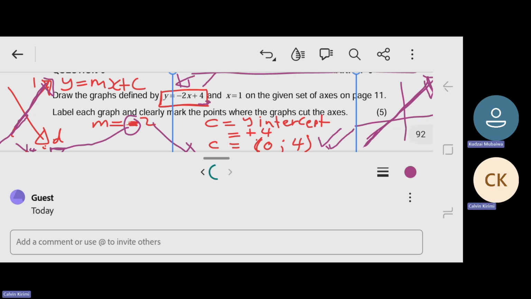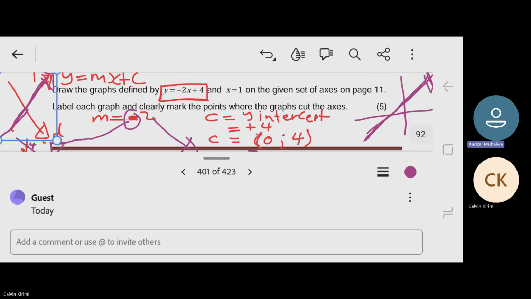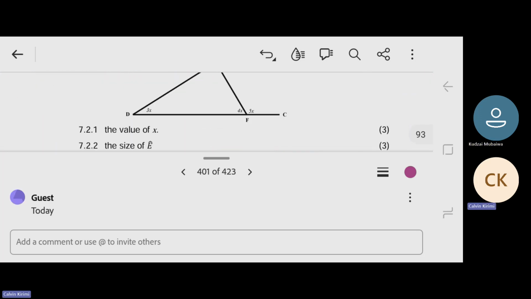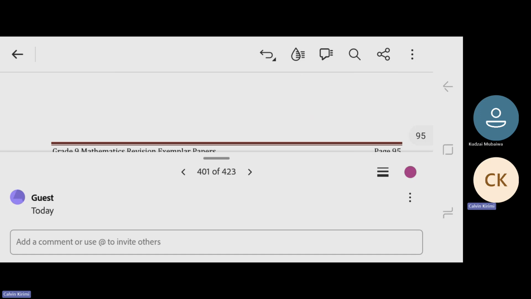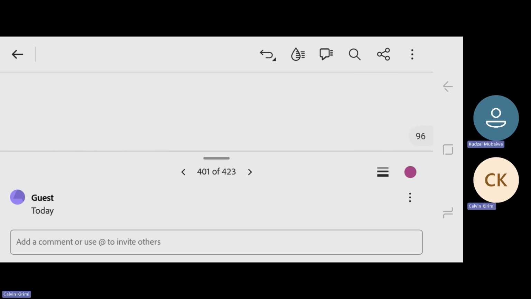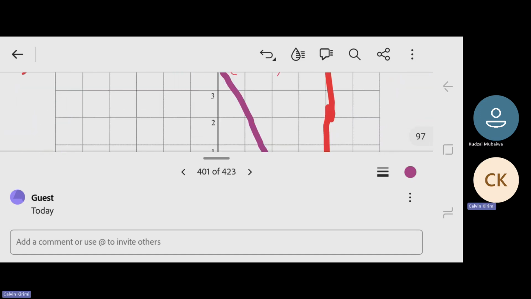So they just want the points where they cut the axis, not where they cut each other. So what is the axis? We go to where they are cutting the axis, which is the x and y axis.